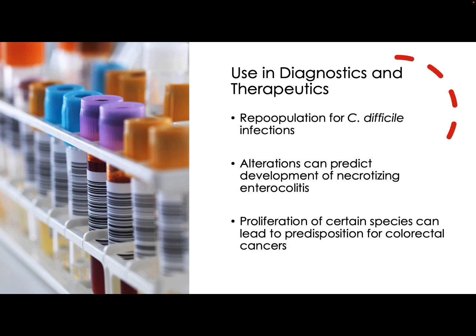But maybe we can use the microbiome as diagnostics. Alterations in the microbiome have been shown to be predictive of patients potentially developing something like necrotizing enterocolitis. And scientists have also identified that proliferation of certain species in the gut can lead to a predisposition for something like colorectal cancer.